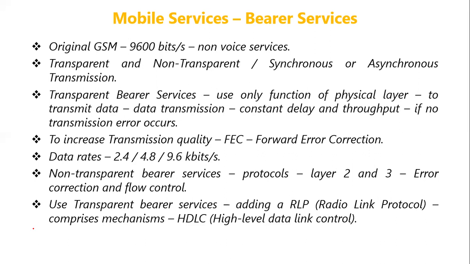Data transmission can be full duplex synchronous with data rates of 1.2, 2.4, 4.8, or 9.6 kilobits per second, or full duplex asynchronous from 300 to 9600 bits per second. So these are the various bearer services offered by GSM.